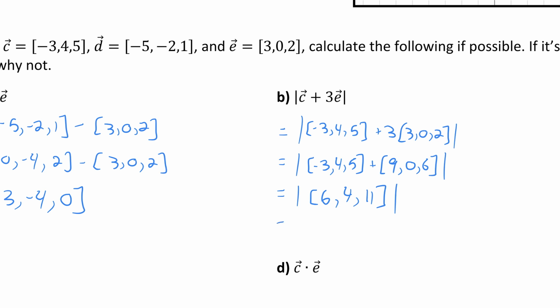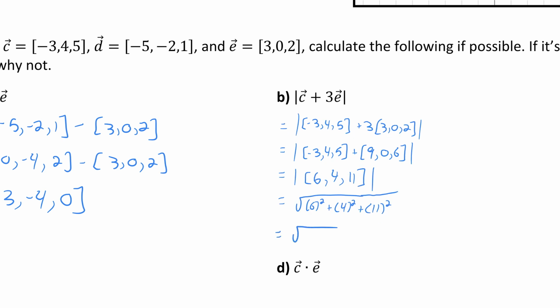Now I need to find the magnitude of this vector, so I do the square root of the x component squared plus the y component squared plus the z component squared. So that would give me, I have 36 plus 16, that's 52, plus 121, that is 173. So the square root of 173.